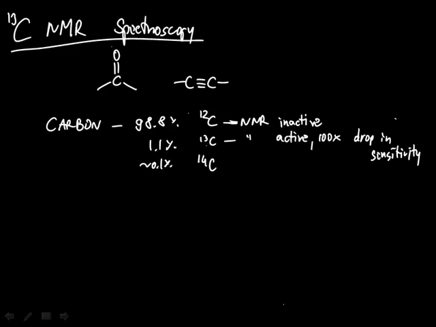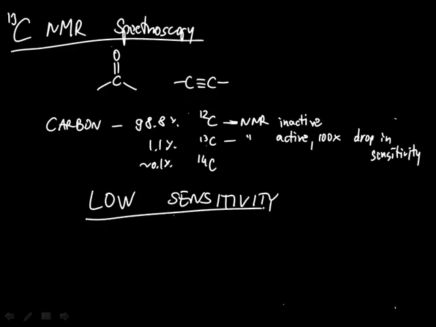Another reason: the main issue with carbon NMR is low sensitivity. Turns out that this low sensitivity comes in large part because of the low natural abundance of carbon-13, but also because of another more subtle factor, which comes from the relationship we already saw, the gyromagnetic ratio times h over 2 pi times B0.